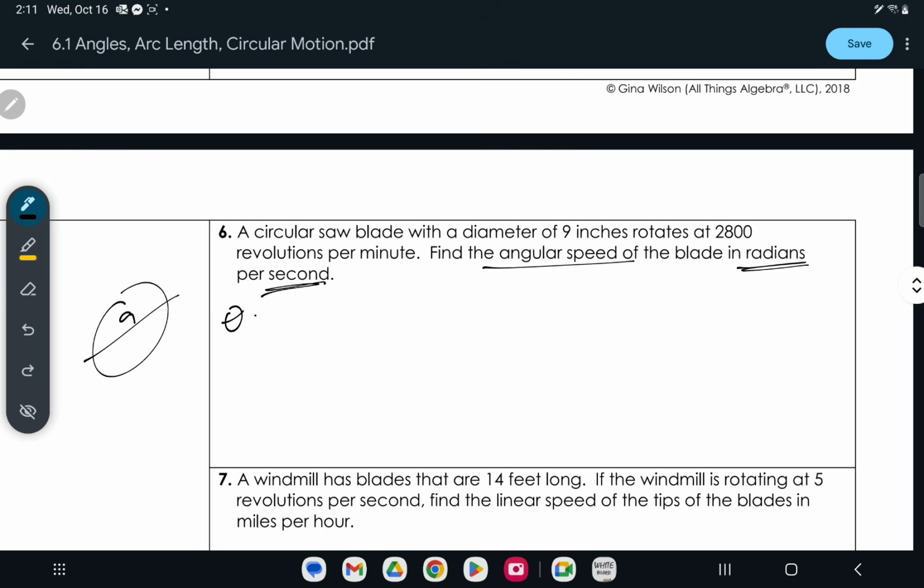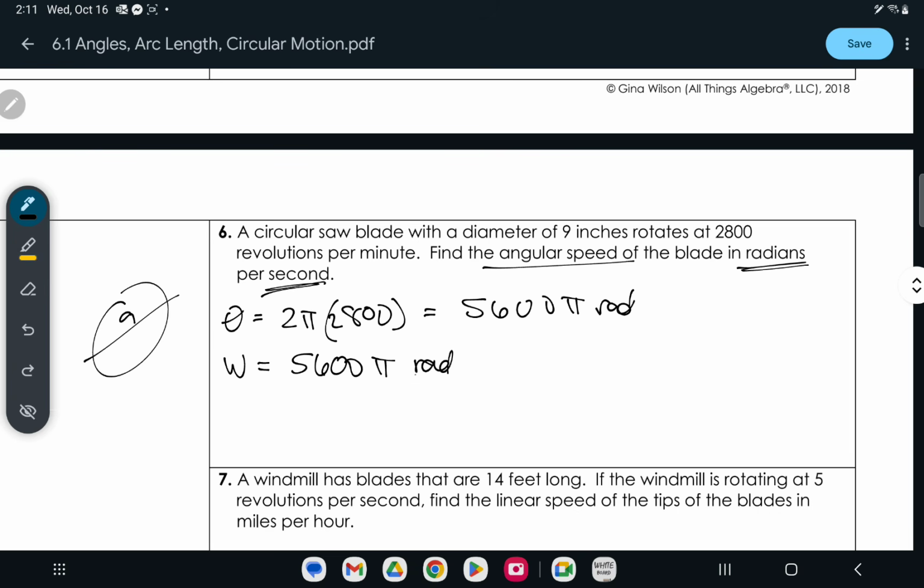So our theta is 2 pi, and we're going 2,800 times, so 5,600 pi radians. And then our angular speed is 5,600 pi radians in 1 minute. I need to convert that into seconds.